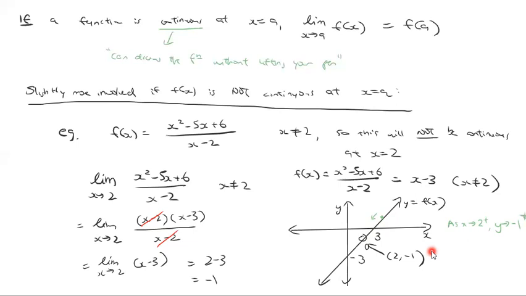And as x approaches 2 from the left, what happens to y? As you move up and up towards x equals 2, the y value is going to approach negative 1, on the positive side or on the negative side? Negative.